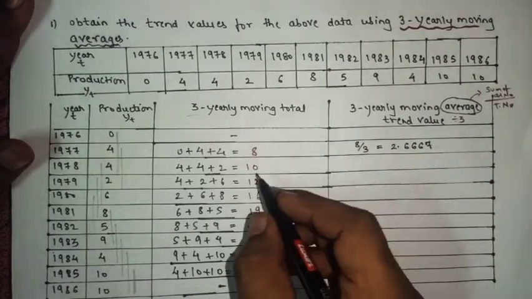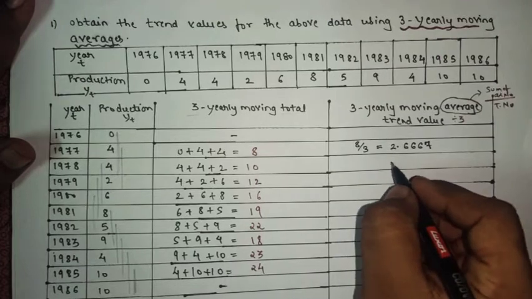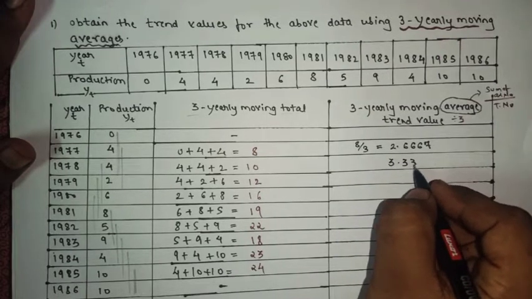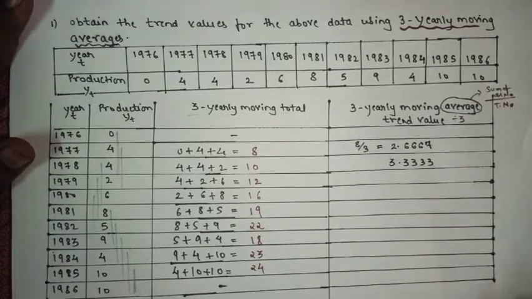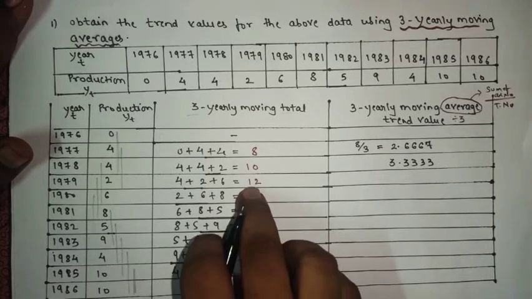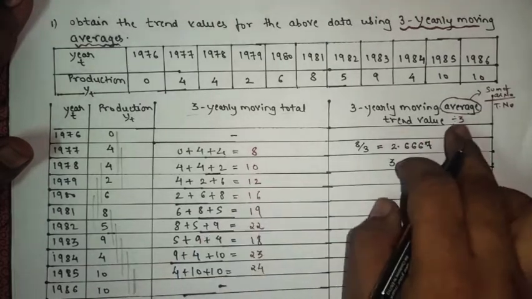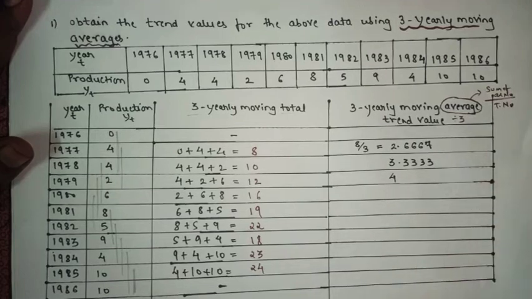So directly we can divide. 10 divided by 3, you will get the answer 3.3333 and so on. Next one is 12 divided by 3, which is 4.